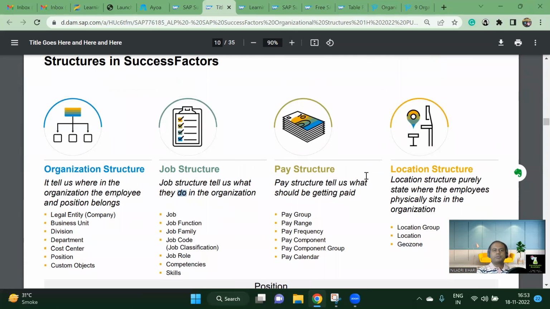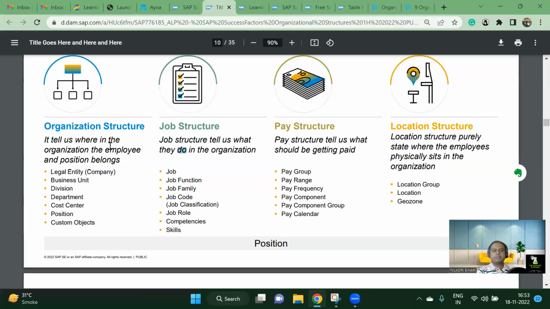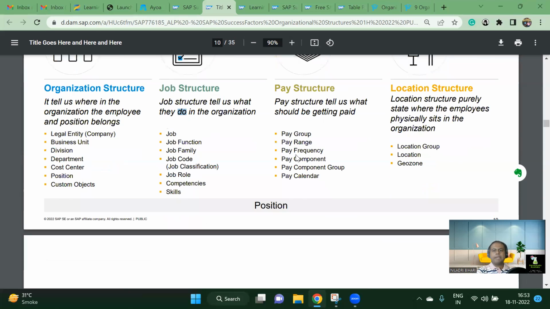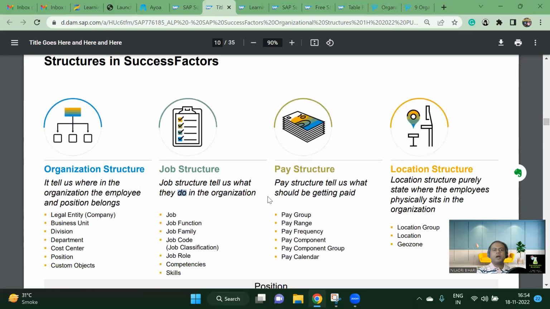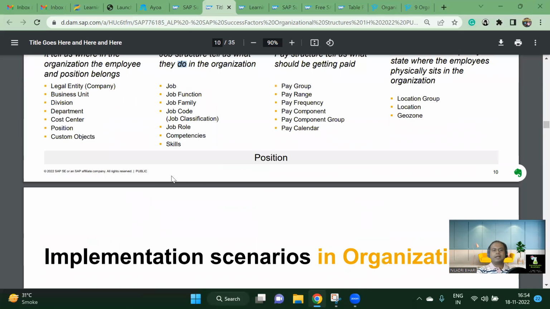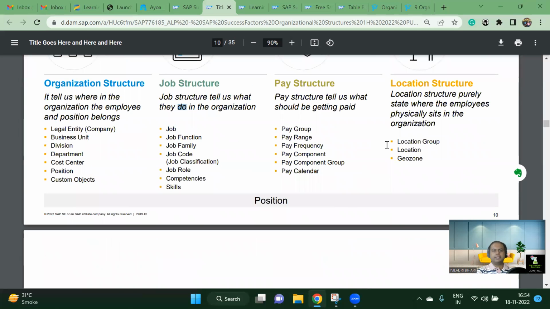So when it comes to structures in SuccessFactors, there are four varieties: organizational structure, job structure, pay structure, and location structure. This is from a position management point of view, or overall understanding from an organization management point of view. You have to understand that position is aligned everywhere. Position will have mapping to all of these things.